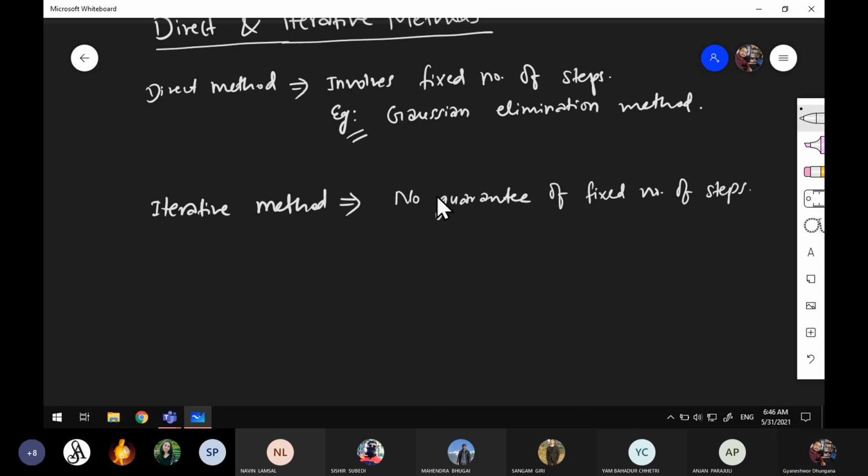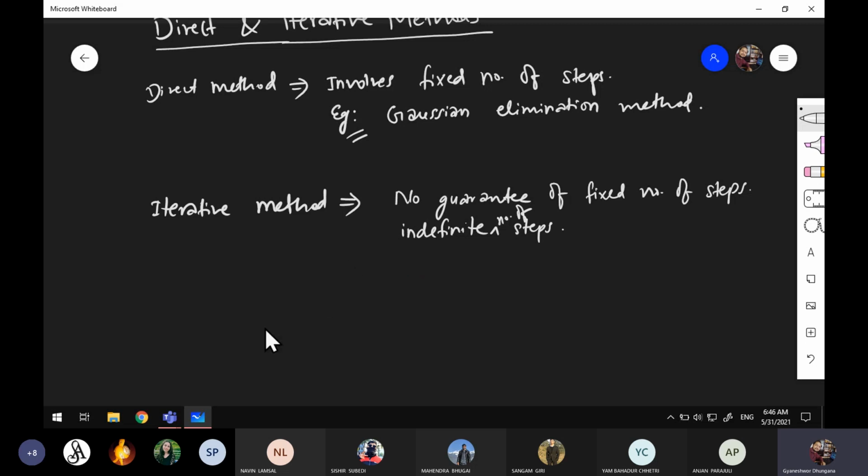That is, it takes indefinite number of steps. Indefinite means we can't say how many steps. Indefinite doesn't mean infinite. Indefinite means we cannot say after how many steps the solution will end and give the result.